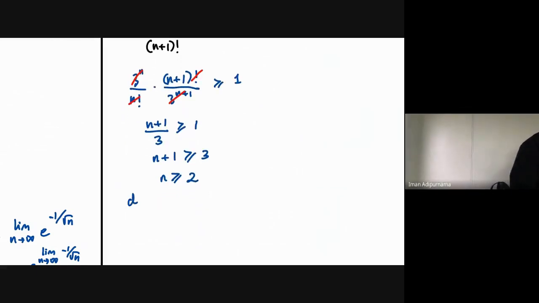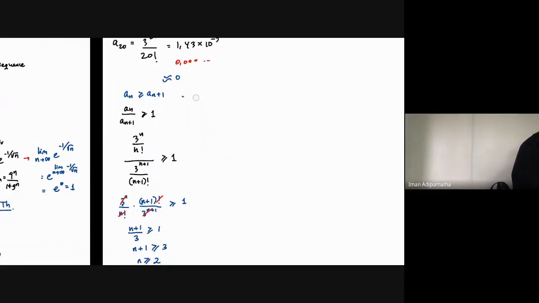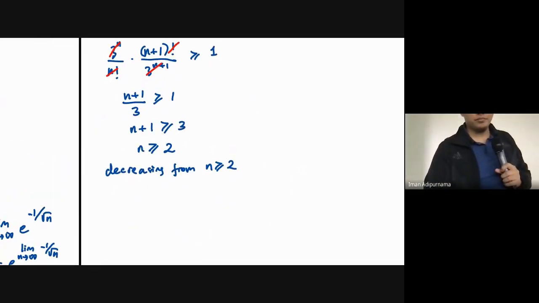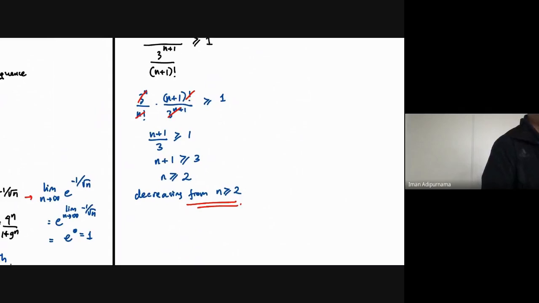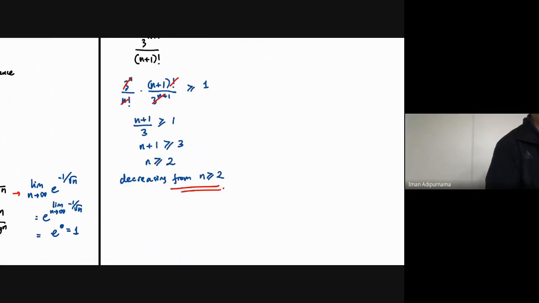So we can solve this that it will be decreasing from n greater than or equal to 2. Okay, that's one example of how you use the theorem on monotonic bounded sequences.